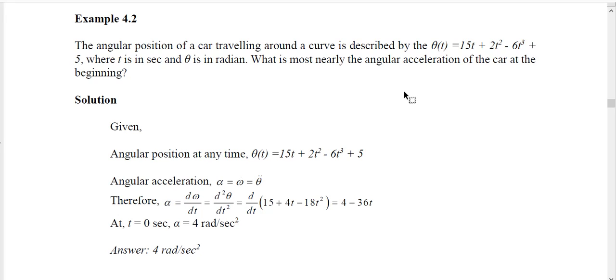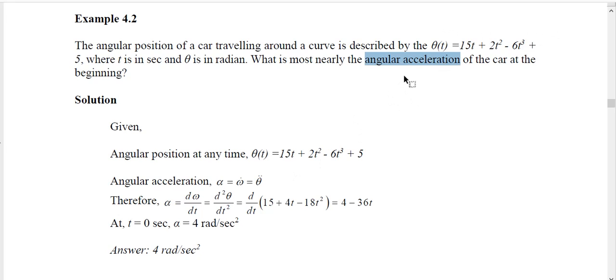Whatever the variable, we have to do the integration or differentiation based on that variable. Where t is in seconds and theta is in radians, that means this is angular displacement. What is most nearly the angular acceleration of the car?